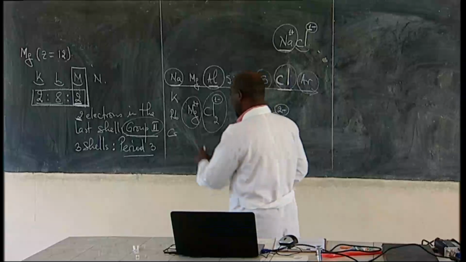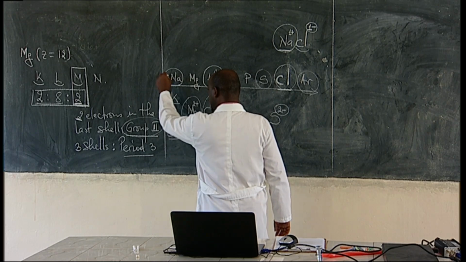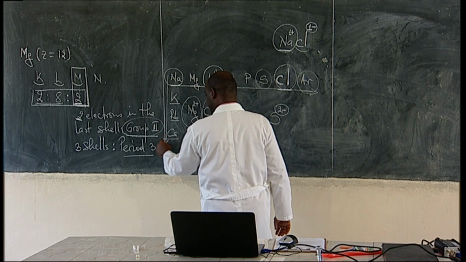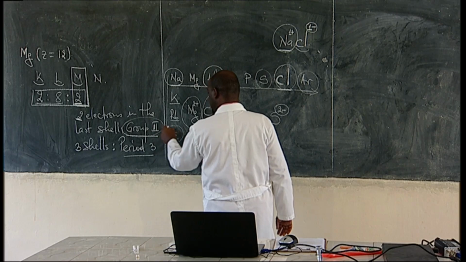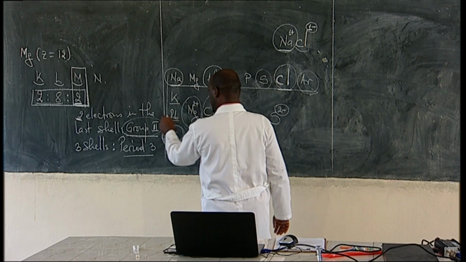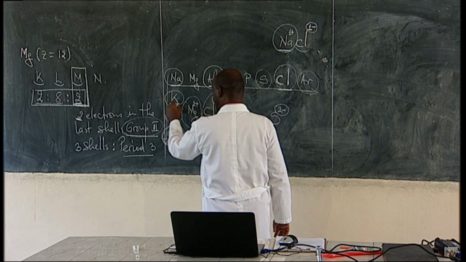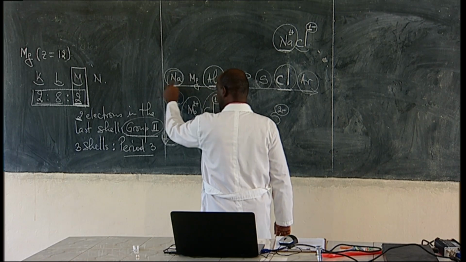So moving from sodium to potassium, rubidium, and cesium, the metallic character increases. So cesium will lose electrons more readily than rubidium, rubidium more readily than potassium, and potassium more readily than sodium.